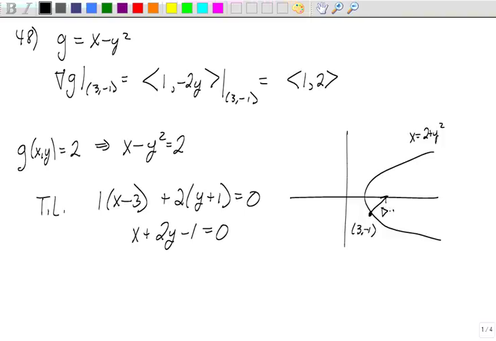So that's del g at the point. And the equation of this tangent line is x plus 2y minus 1 equals 0. Okay, so there we go. Hope this helps on some of your homework problems.